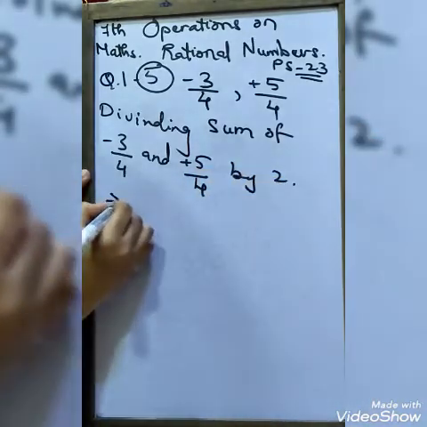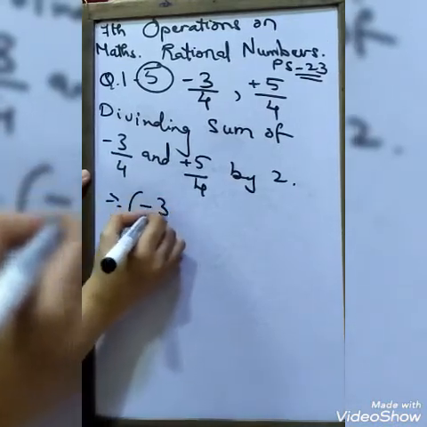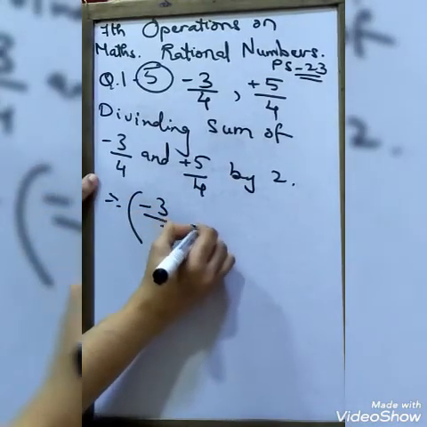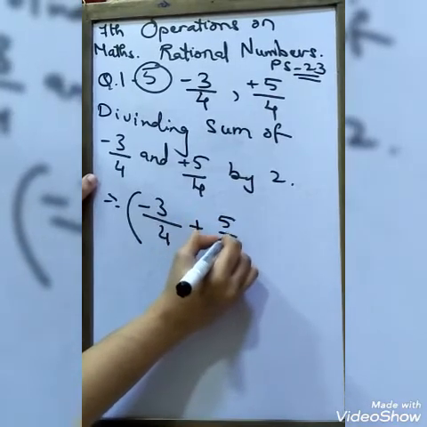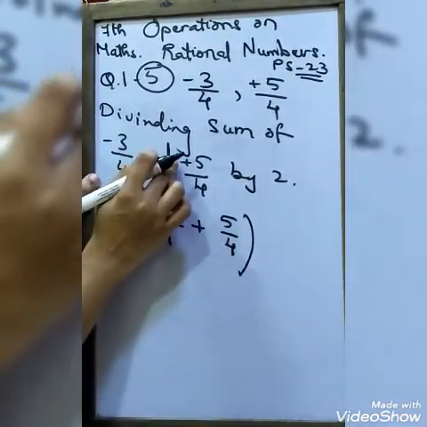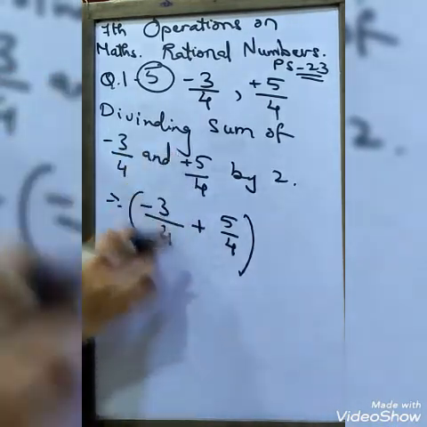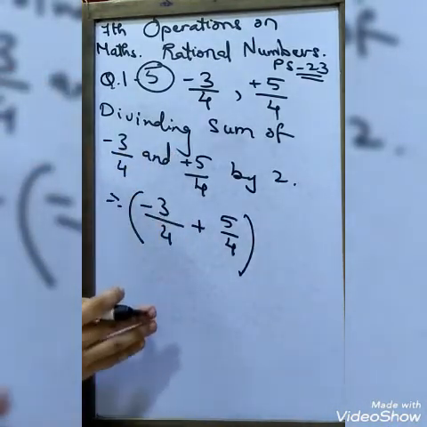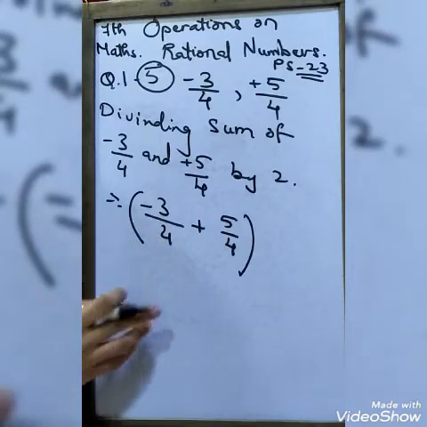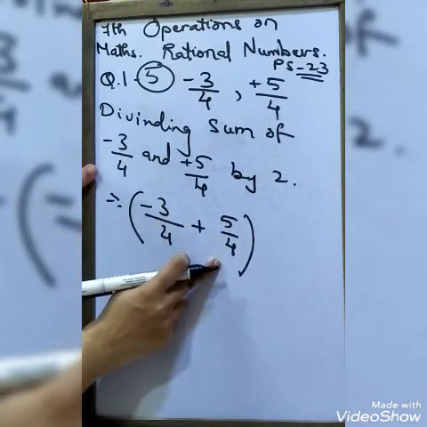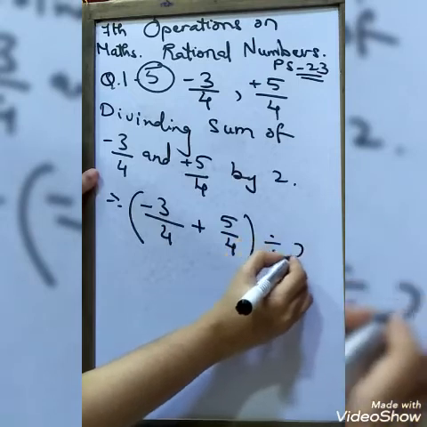Therefore minus 3 upon 4 plus 5 by 4. Here it is given as plus 5 by 4, and plus 5 by 4 means only 5 by 4. It is just given for the confusion. So I am writing it as 5 by 4 only, and that should be divided by 2.